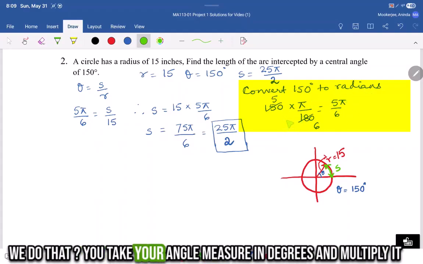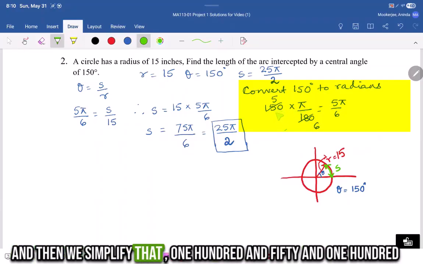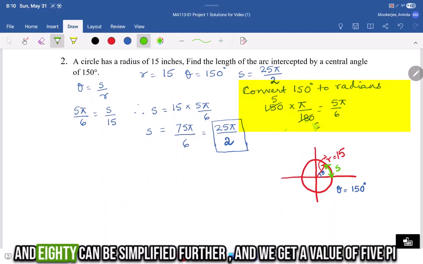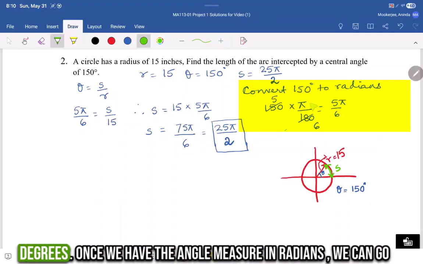You take your angle measure in degrees and multiply it by the conversion ratio, which is pi over 180. And then we simplify that. 150 and 180 can be simplified further, and we get a value of 5 pi over 6, which is the radian equivalent of 150 degrees.